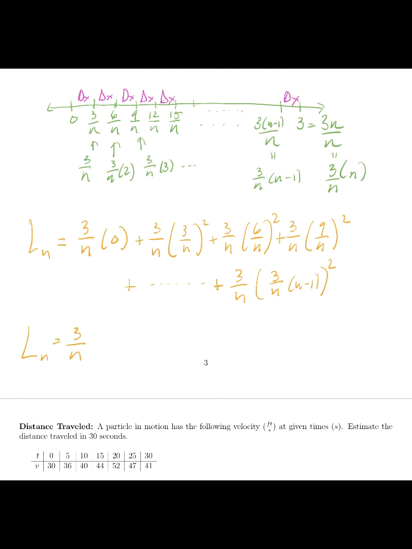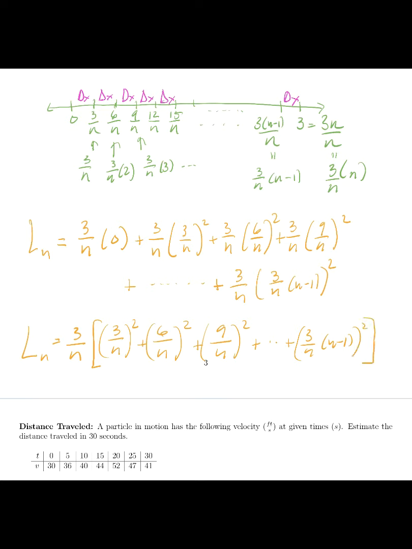So it looks like 3 over n times, we're going to have a 3 over n squared plus 6 over n squared plus 9 over n squared plus, plus 3 over n times n minus 1 quantity squared.